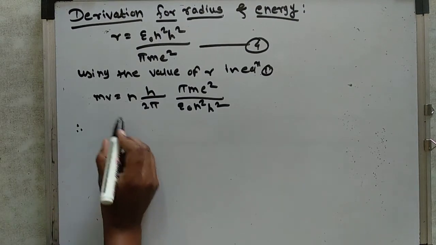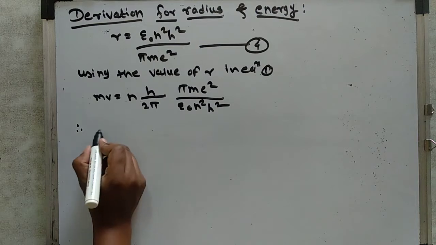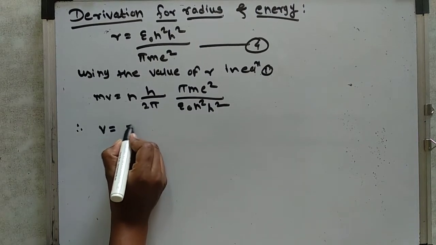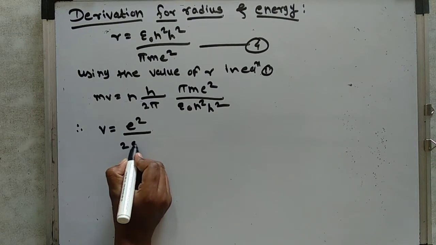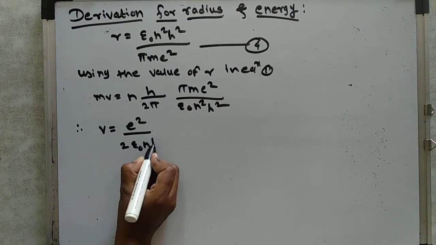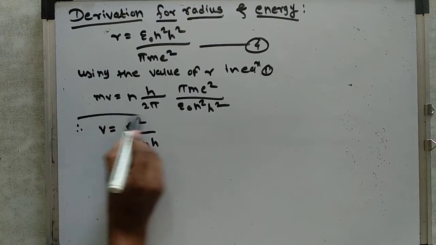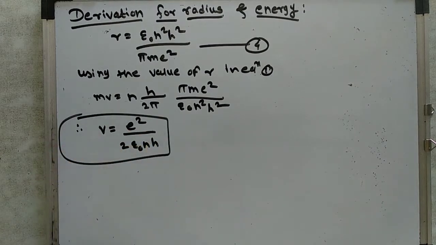Therefore, what is the value of v? v is equal to e square upon 2 epsilon naught n h. This is the value of v, equation number 5.